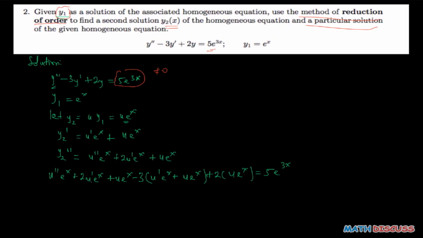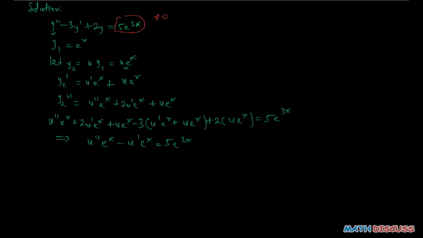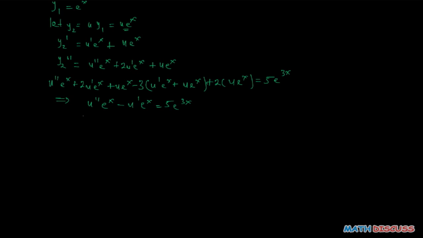Now when we simplify this whole thing here, what we're going to have is u prime prime e to the power x minus u prime e to the power x equals 5e to the power 3x. This is what we're going to obtain. So now as usual, we'll make a substitution.